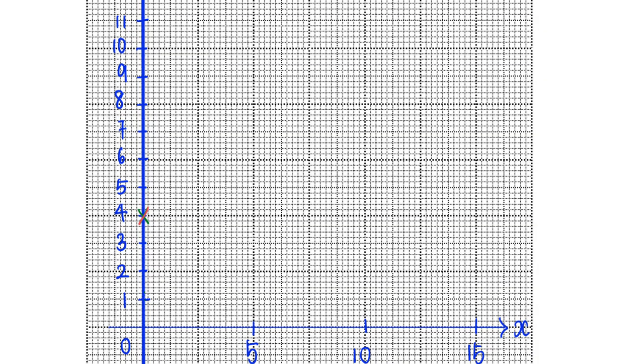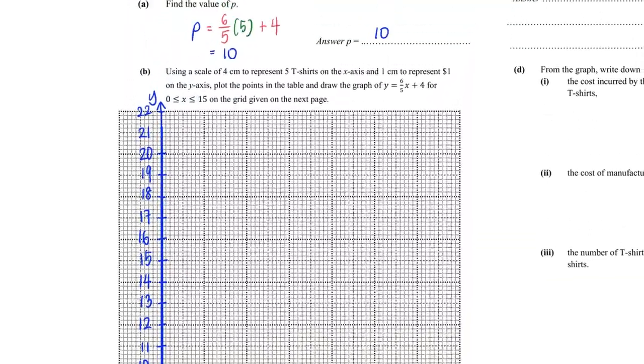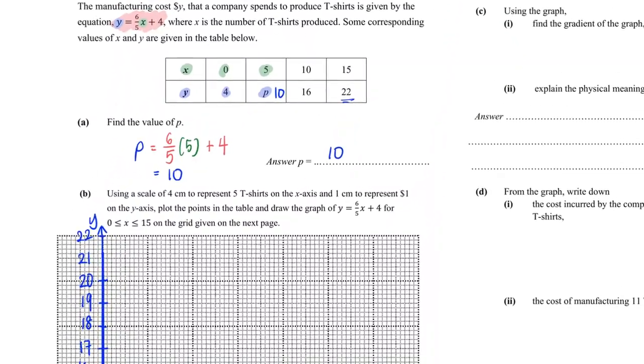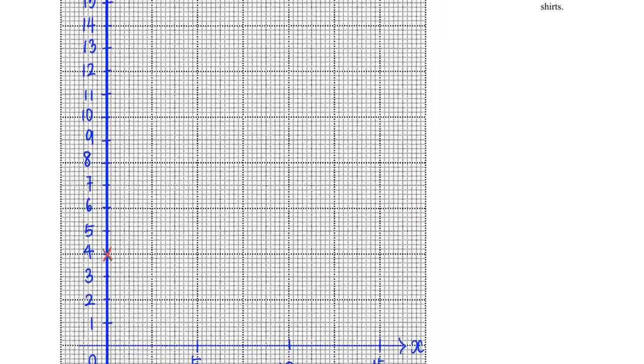Use a red color to denote it. The next point would be 5 and 10. X is 5, Y is 10. So X is 5, I'm going to go out. It will be here, where my X is 5 at this point. Y is 10.